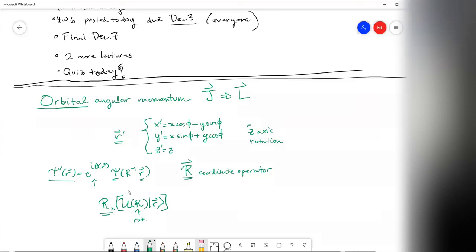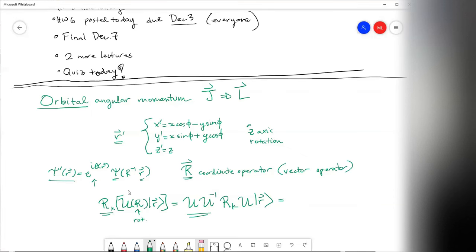That's what we're showing. And you can show that it is, because you can take this unitary and add a U U dagger, or U U inverse, because it's unitary. And then we have this R_k, and then we have the U again, acting on the R. This is just the identity, so we can stick it in there. But now we make use of the fact that the coordinate operator is a vector operator, so it rotates just like a vector would.